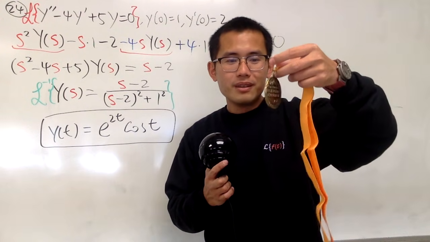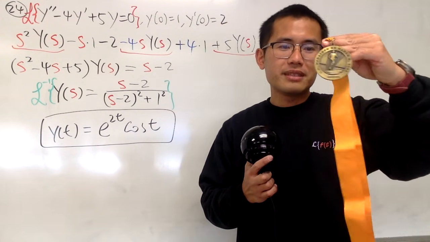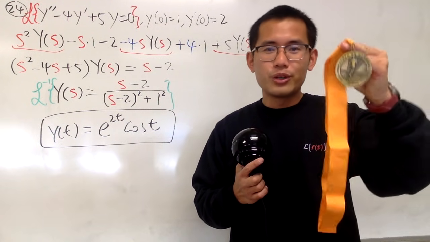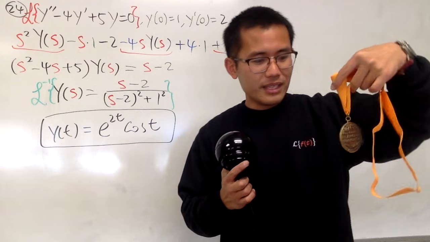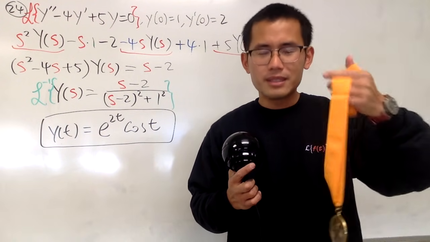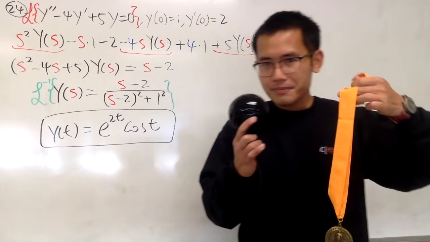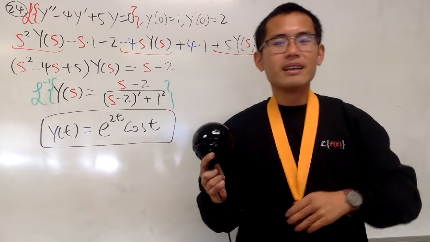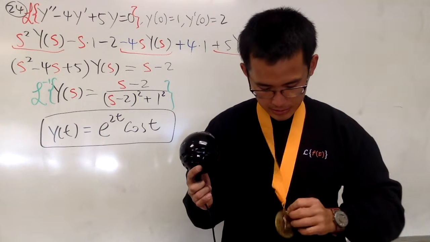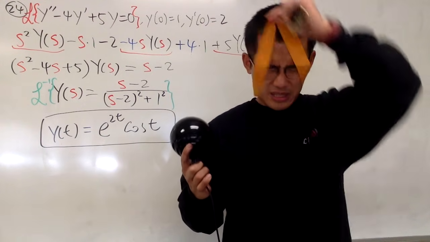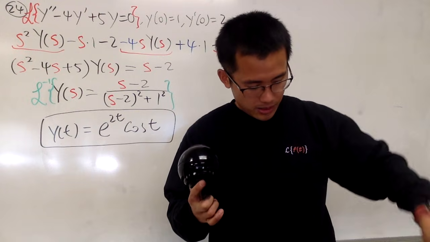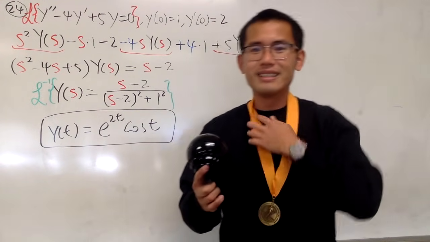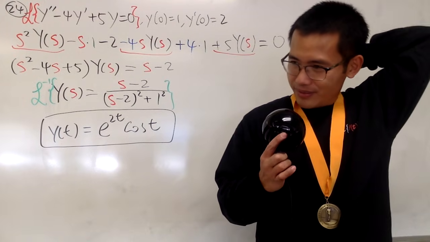My 2004 took me 6 hours 30 minutes because I didn't really train for it, but this one I did, and the time was 4 hours and 30 minutes something. Oops, I put it down. I don't want to use my right hand because my right hand is so dirty. All right, feels good.